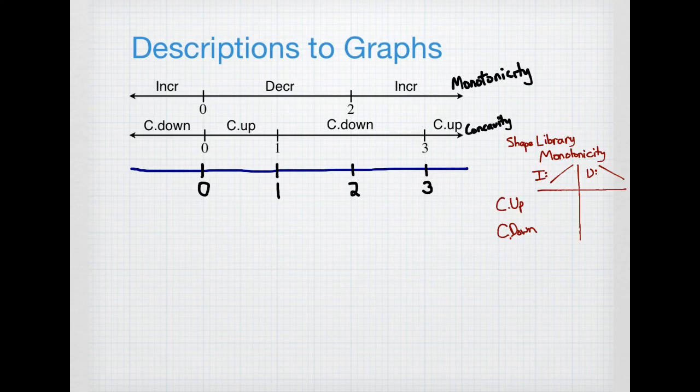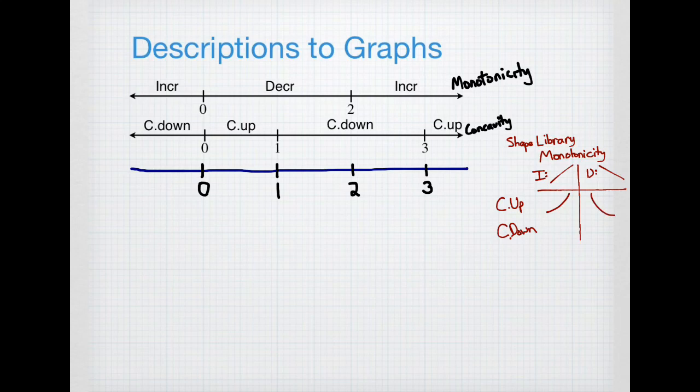So if I think about the possible combinations, I have increasing or decreasing for my monotonicity, and then I have 2 types of concavity, concave up and concave down. The effect of a concave up shape is that the curve is bent up. So increasing concave up is bent up, and a decreasing concave up shape is also bent up.